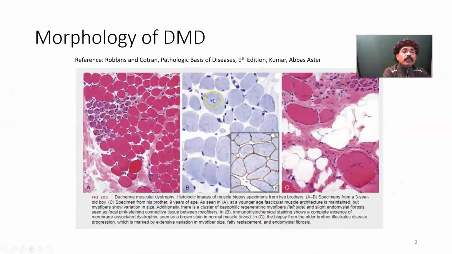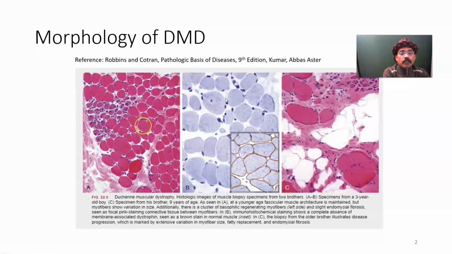Okay, so this is the histopathology of Duchenne muscular dystrophy. We have a problem with the protein called dystrophin. That dystrophin protein is very essential for the action of the muscle and also for signaling inside the muscle.